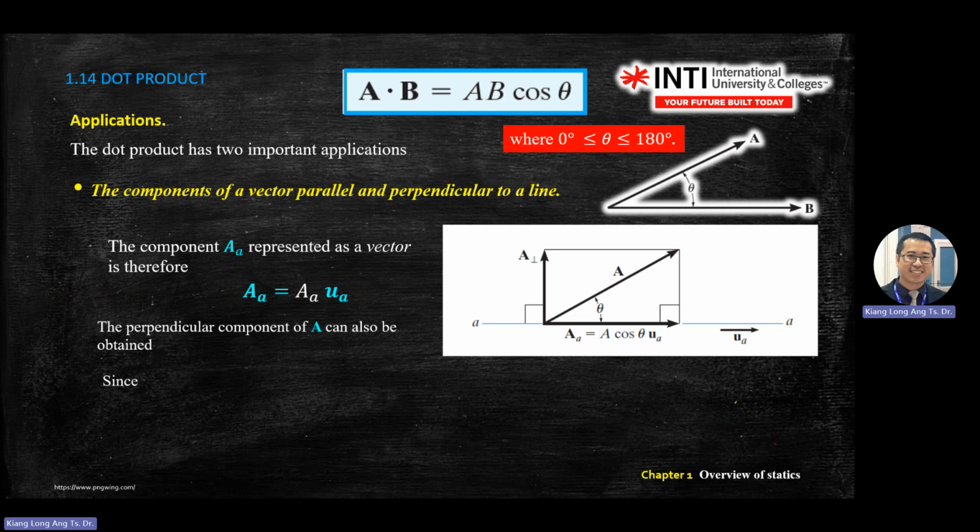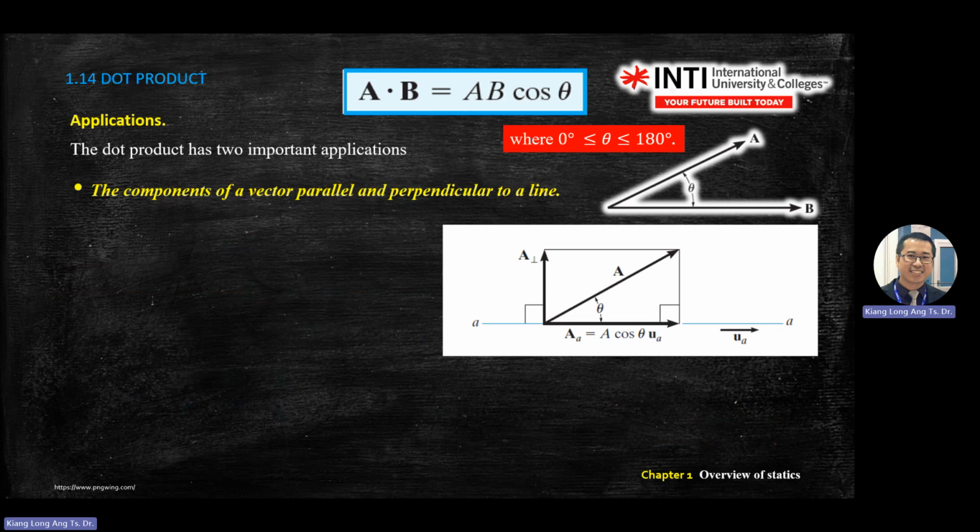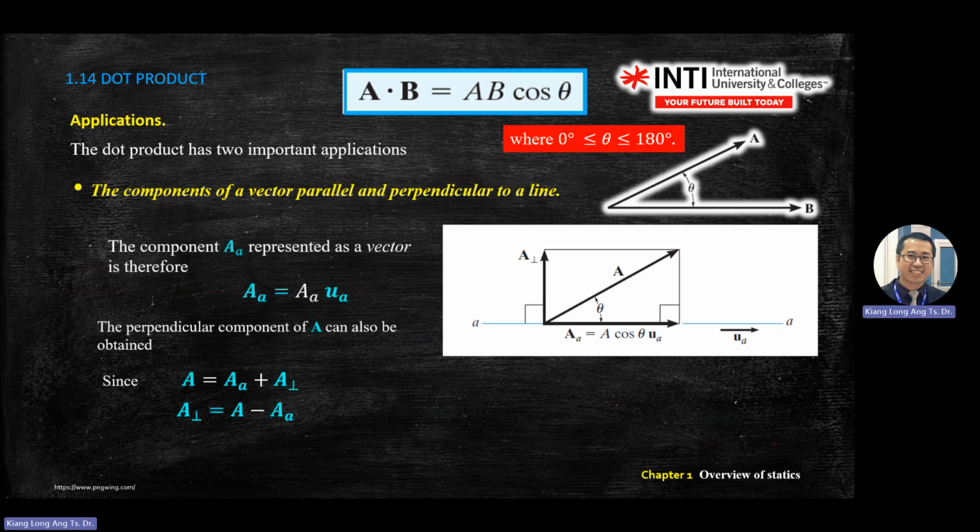So we have spent too much time here. So, okay. So perpendicular, this one is A equal to A parallel plus this one. So this vector A equal to the parallel or projection plus the perpendicular vector.